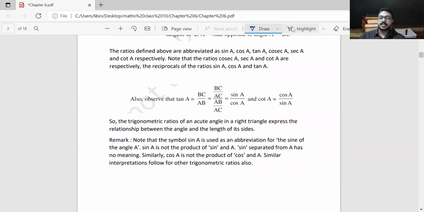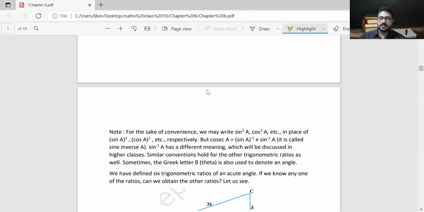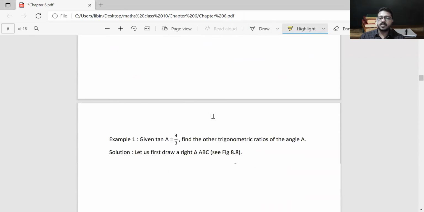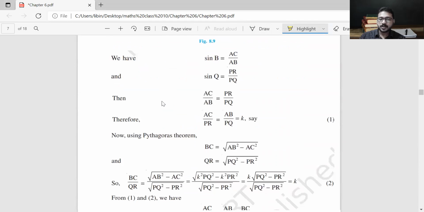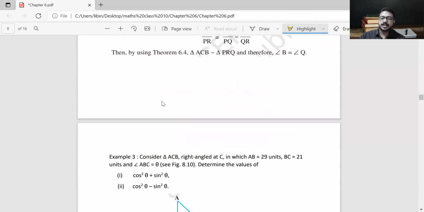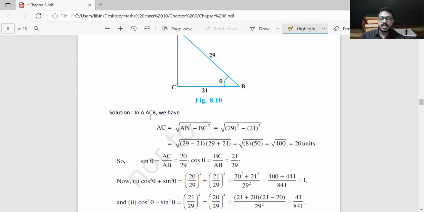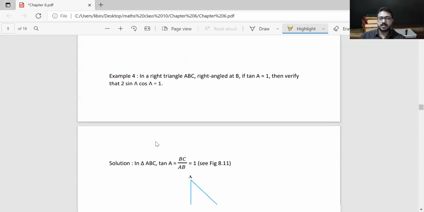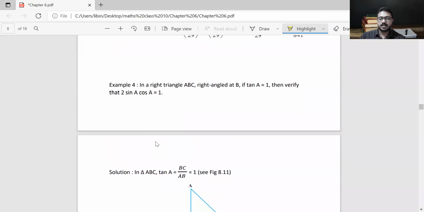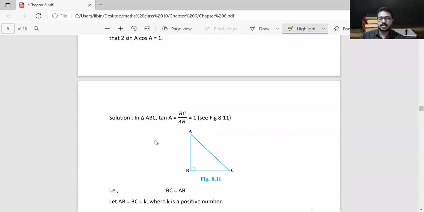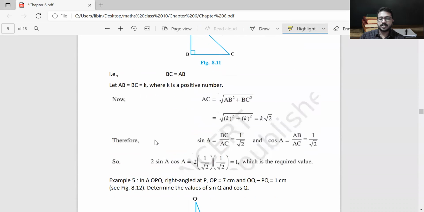So far we have learned these and used this information to solve some problems, and we have solved till example 4. Now only one example is remaining in this section, but I had told you in the last class that you can do this example 5.